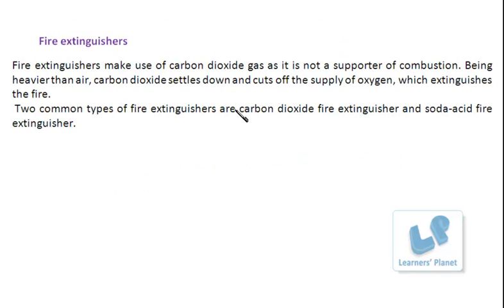Now, what are fire extinguishers and how do they work? Fire extinguishers make use of carbon dioxide gas, as it is not a supporter of combustion. Carbon dioxide stops the combustion. Being heavier than air, carbon dioxide settles down and cuts off the supply of oxygen, which extinguishes the fire.